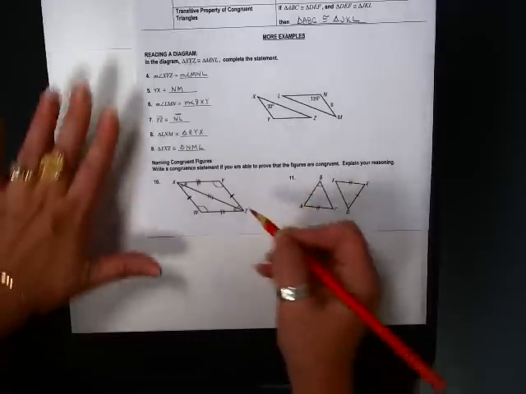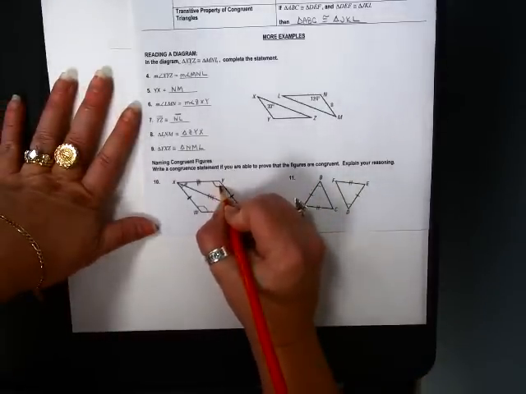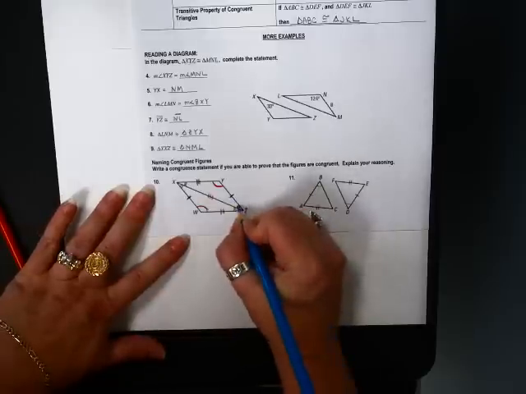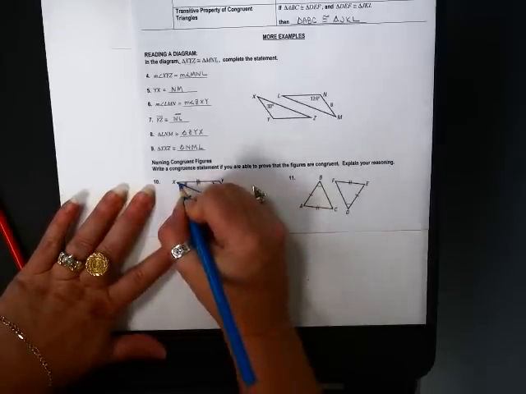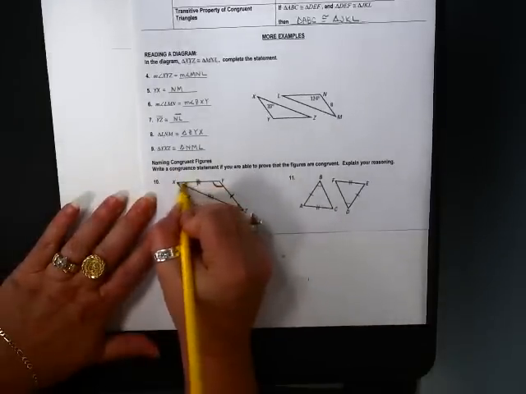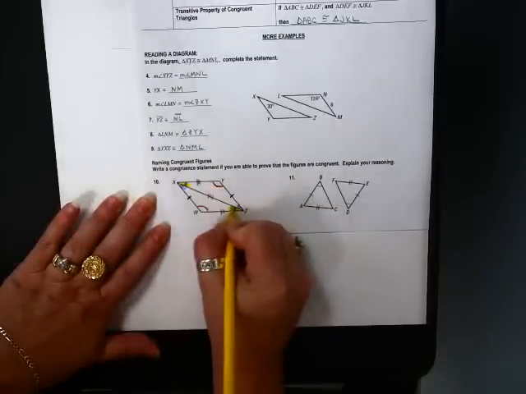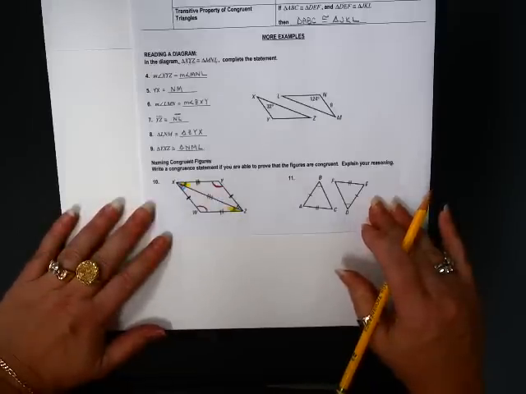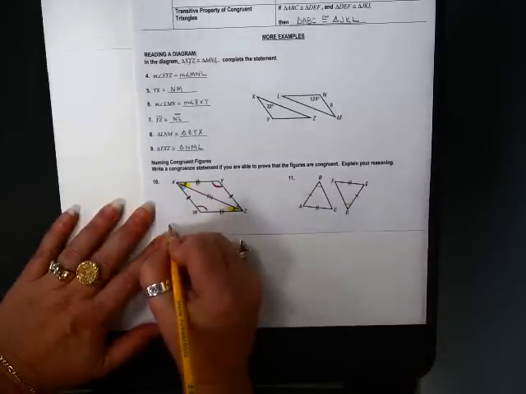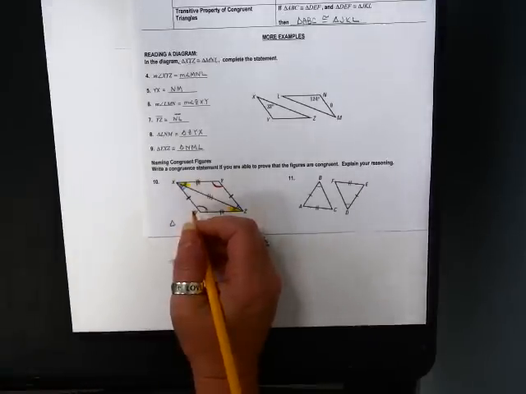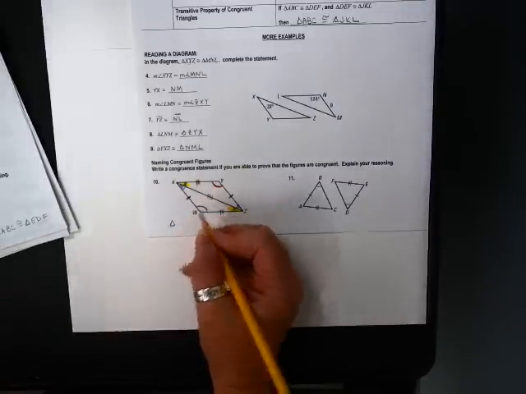Okay, then check the angles. I've got this one congruent to this one. I have this one over here congruent to this one over here. And then finally I have this one here congruent to this one here. Now, since I have everything marked, all the angles and all the sides, I am able to write a congruent statement. So here I can say that triangle, and I'm just going to start this one with XYZ.